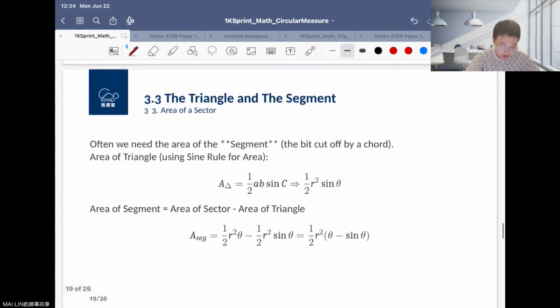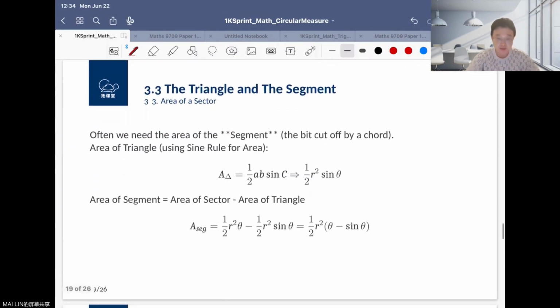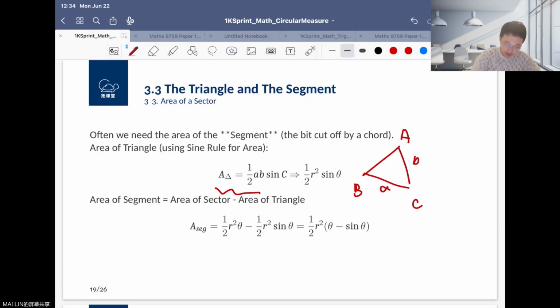Here, we have also already learned in IGCSE about the area of a triangle, right? The triangle's area can be considered, with angle ABC, side a, side b, side c, as a half times side a times side b times sine C. So it's two adjacent sides times the sine of the angle between them. So that is a half times radius squared times sine theta.